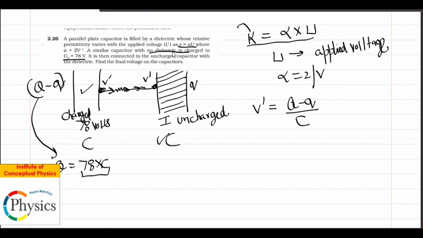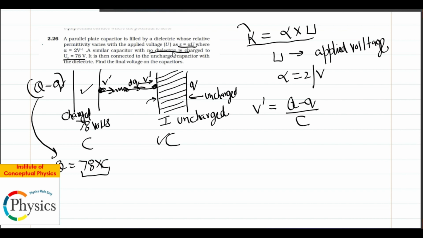And the second one also, since this was uncharged, gradually it received small amounts of charge coming from this particular capacitor. So this capacitor kept on sending charges, and the potential of this capacitor kept on increasing.